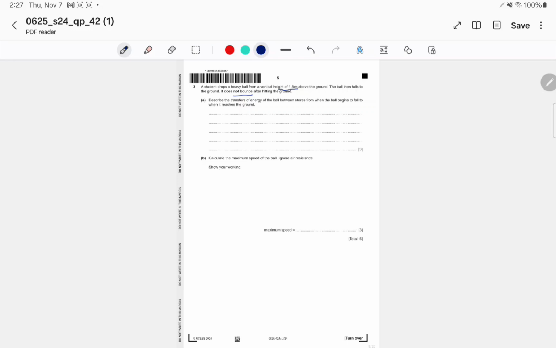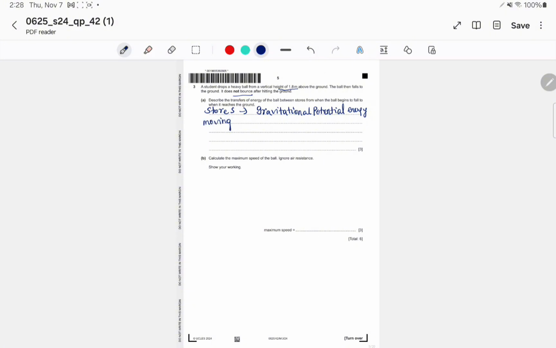Describe the transfer of energy of the ball between the stores from when the ball begins to fall until it reaches the ground. So what is there in storage? I will go step by step. When it is stored, it is in the gravitational potential energy store.